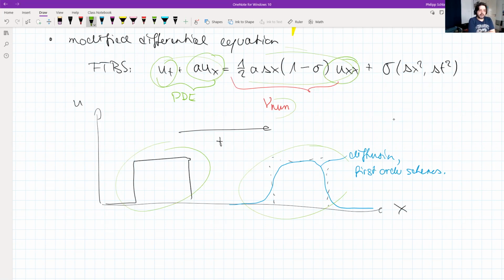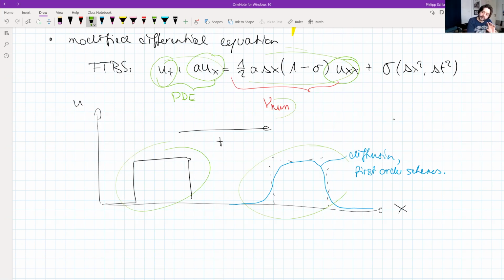And if the leading error term is then a second derivative, then typically we get a diffusive behavior. And of course, we also now understand directly why we can use the shape of this numerical diffusivity as a way of determining stability, because we know that a diffusion constant, or a viscosity in this case, needs to be positive for actually creating this smoothening effect.